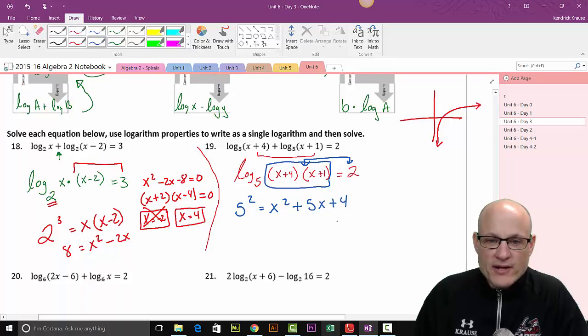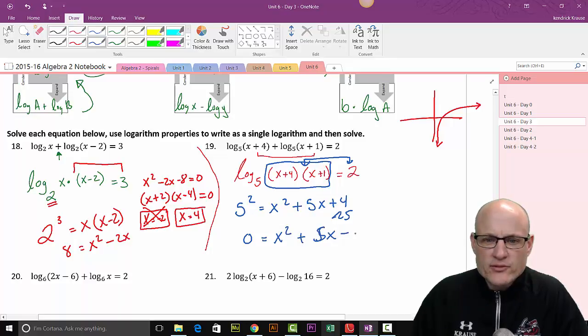I'm going to bring the 25 over, so I'm going to subtract 25. So I get 0 is equal to x squared plus 5x minus 21.